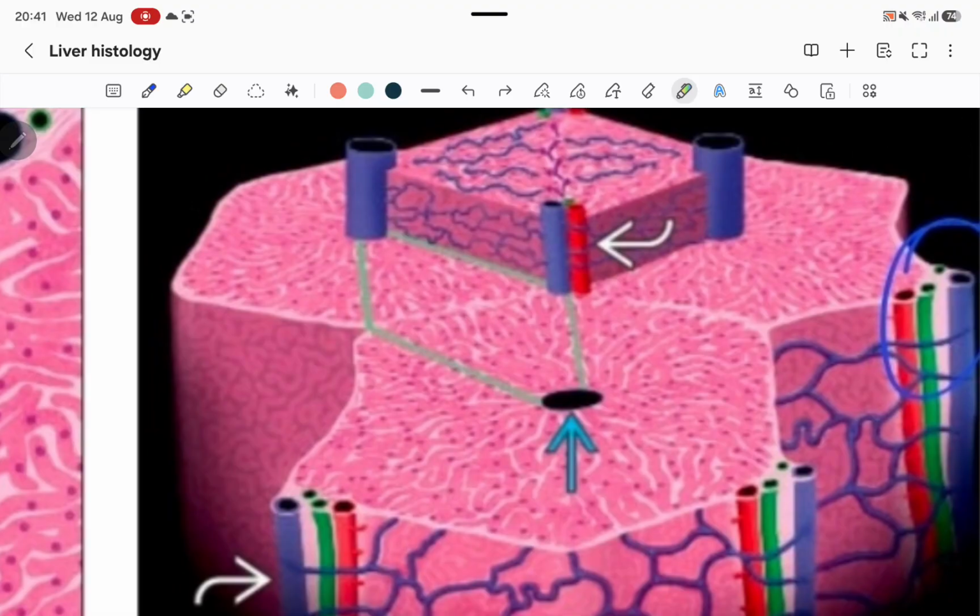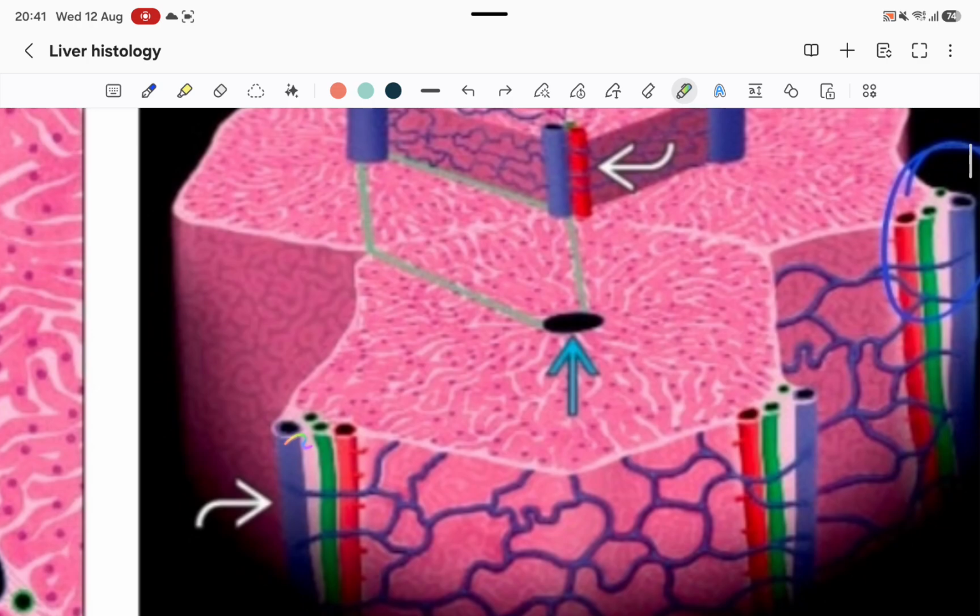To make it easier for myself, I've looked this up. Blood comes in from here, from the artery and the vein, and bile goes out. I think this is the red, this is the blue, and then this goes out into the green.